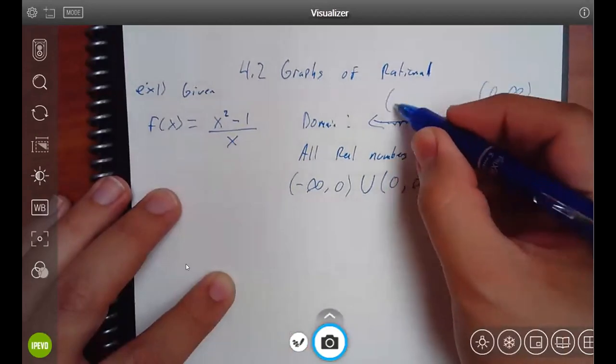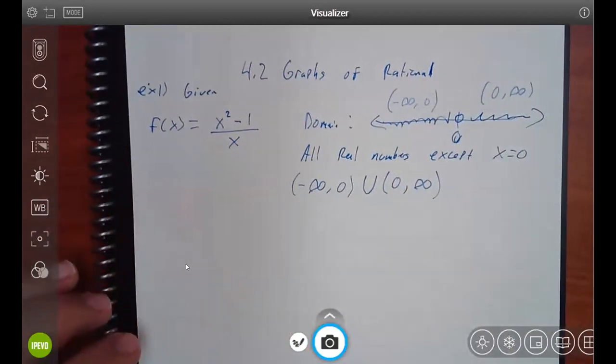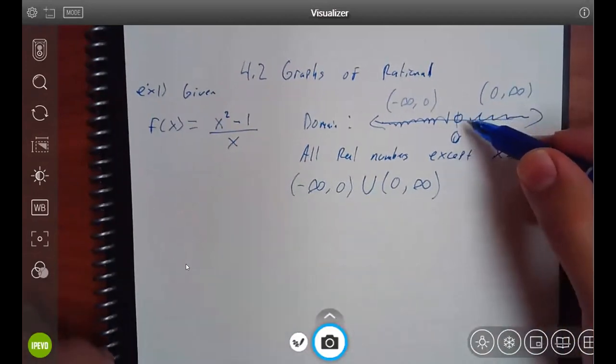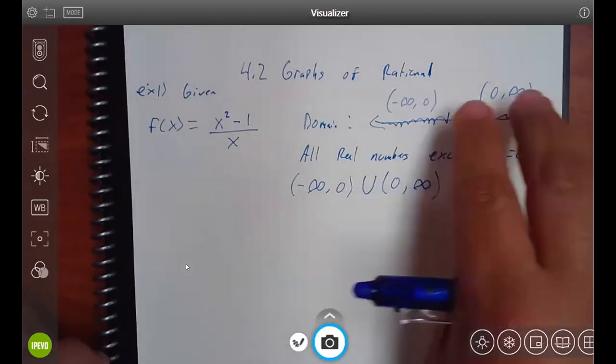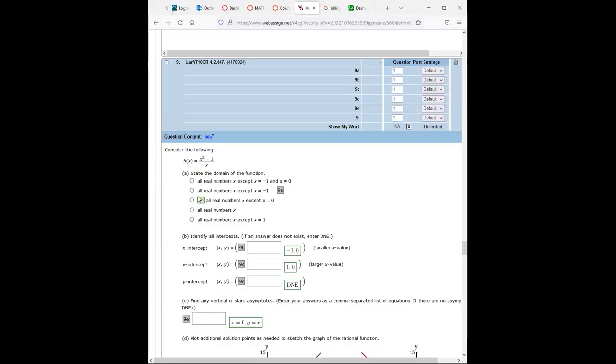This section over here is negative infinity to 0. Two sections. So that just created a gap that broke my domain into two parts. Does that make sense? So that's where part A comes from.